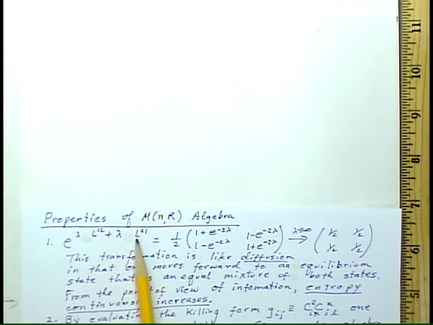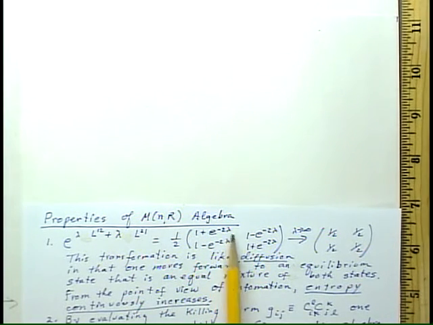Now if you form that matrix and expand it exponentially, it's a little bit messy, but within a few minutes you can reduce it down to the form 1/2 of 1 plus e to the minus 2 lambda, 1 plus e to the minus 2 lambda, and the off diagonal is 1 minus e to the power 2 lambda, 1 minus e to the power 2 lambda. I meant to say e a minute ago instead of epsilon.